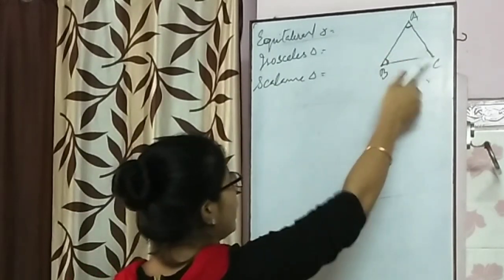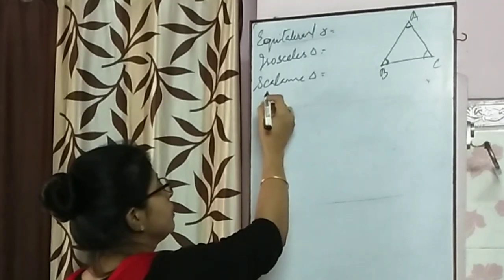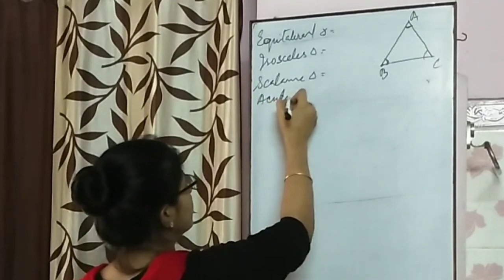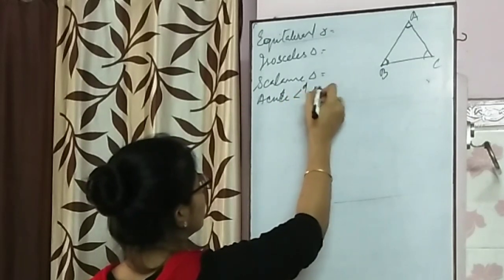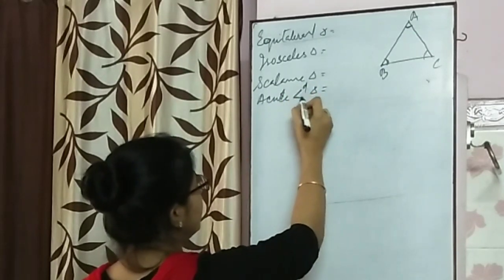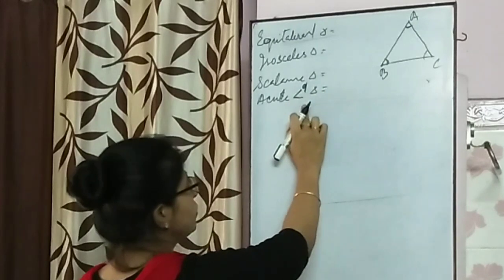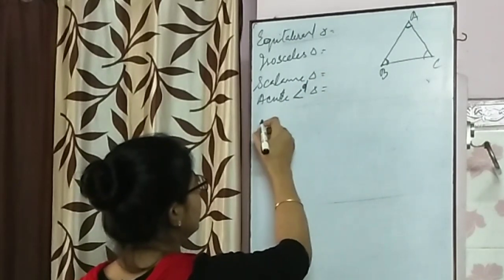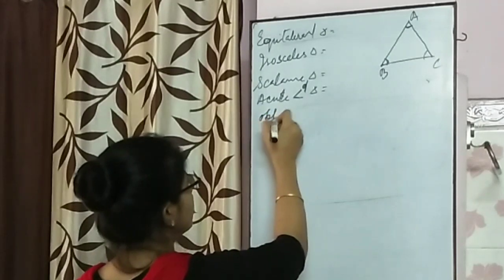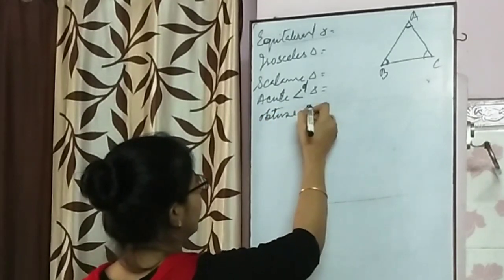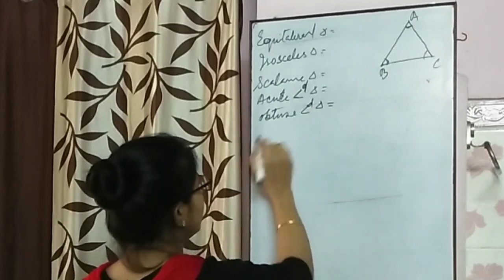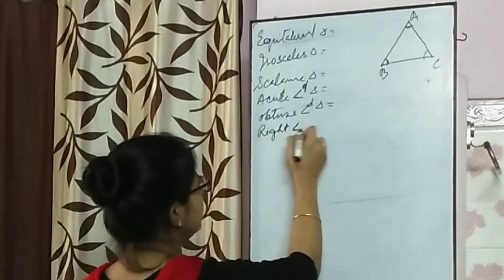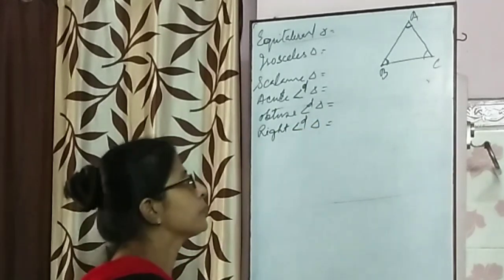Now related to the angles we will say acute angled triangle, obtuse angled triangle, right angled triangle.